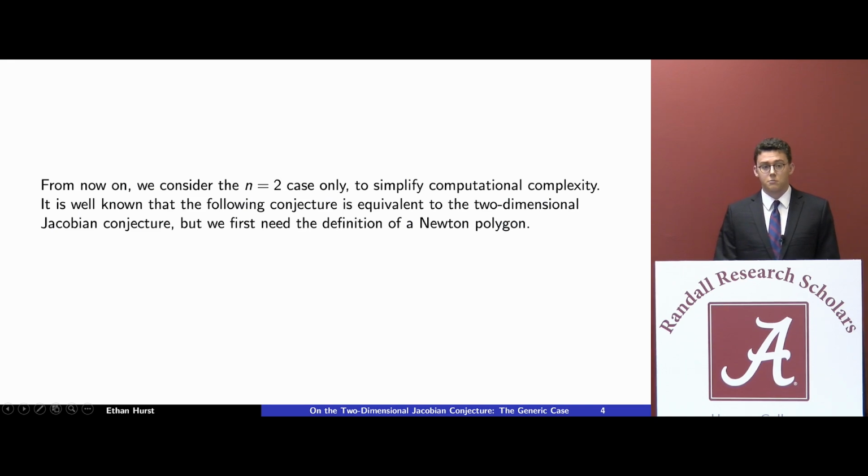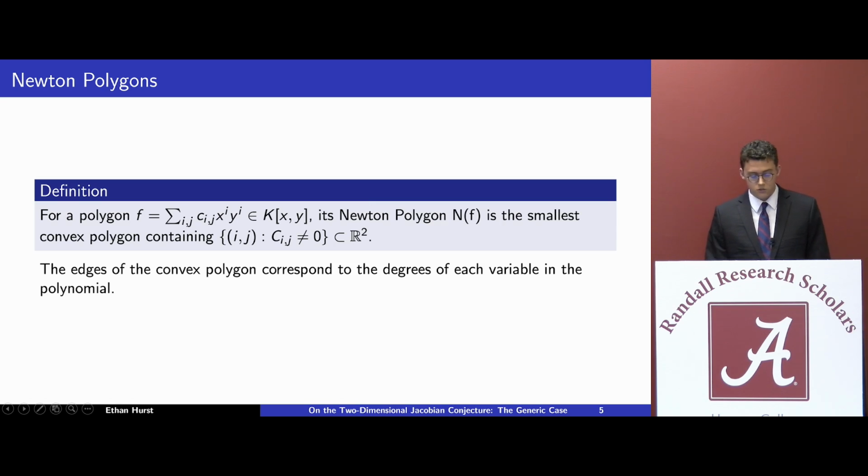So for this particular project, we focused only on the two-dimensional case, as that allows us to simplify the computational complexity of the conjecture greatly. It's well known that the following conjecture, which I'll show in a minute, is equivalent to the two-dimensional Jacobian conjecture, but we first need to define the notion of the Newton polygon. So Newton polygons are described as follows.